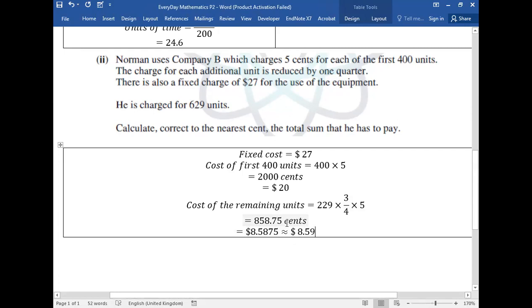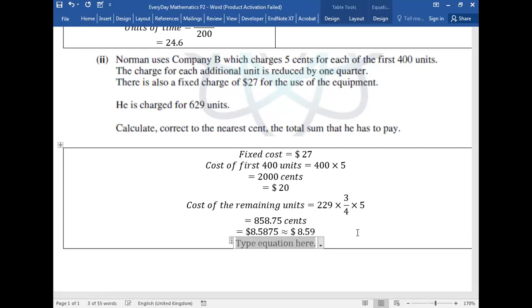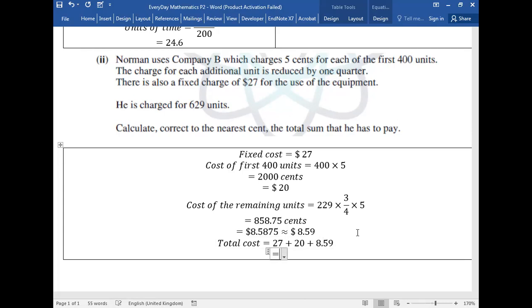From cents to dollars, you divide by 100. So it has come into dollars. The question says rounded off to the nearest cent. So total cost is 27 plus 20 plus 8.59. What does that become?